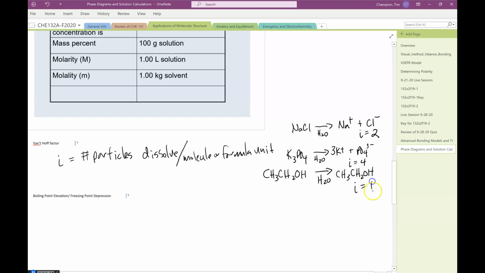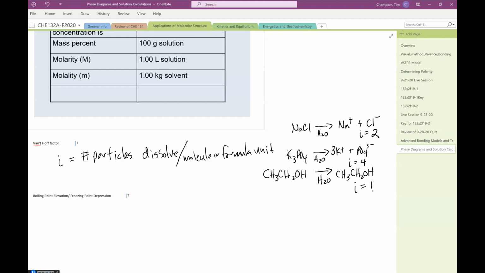So i is 1 in that case. So this is one where you need to fall back on the skill of knowing the different ions that are present, knowing those polyatomic ions, and being able to discern how something breaks up when it's in a solution.